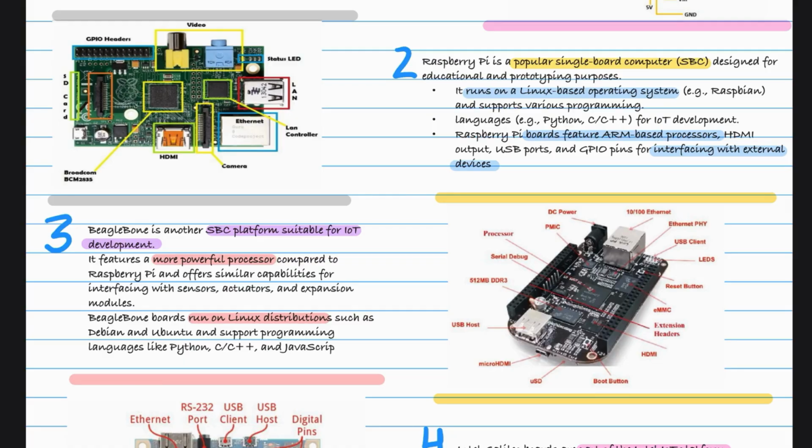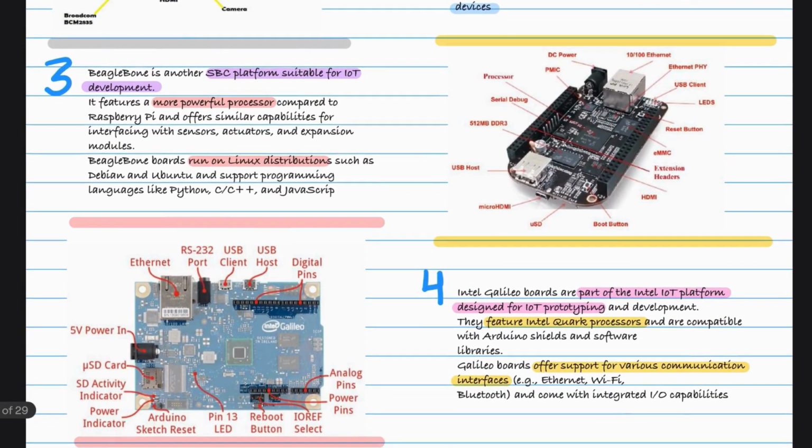Next we have BeagleBone. This is also an SBC platform. So beyond Arduino and Pi, we have BeagleBone and Intel as well. BeagleBone is a powerful Linux-based SBC.